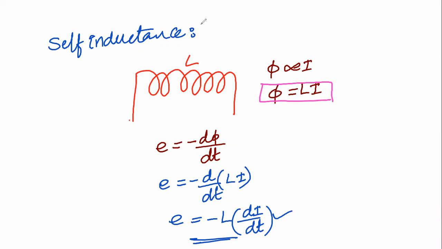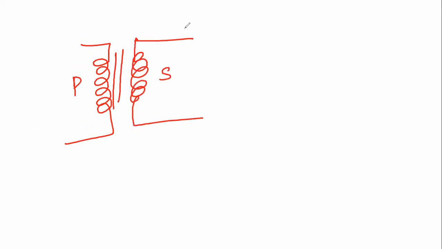So what is mutual inductance? If the change in magnetic field is there in one coil, and induced EMF is there in the other coil, that is called mutual inductance. This is called the primary coil. This is called the secondary coil. If there is a change in magnetic field in the primary coil, then induced EMF will be there in the secondary coil.